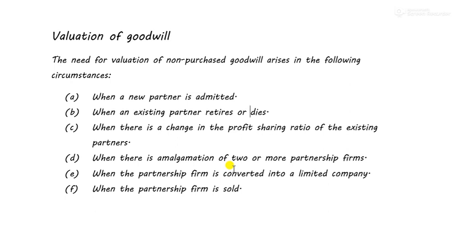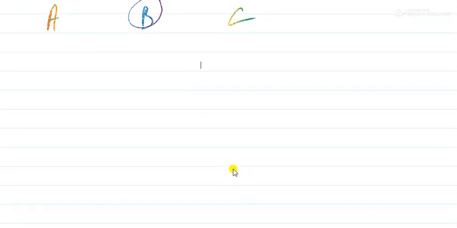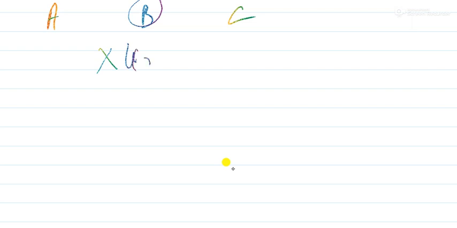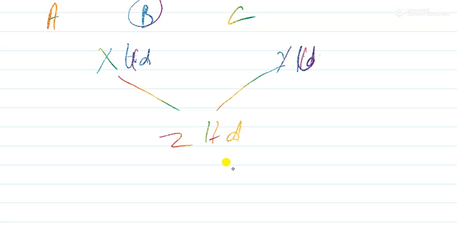For example, there are two firms, X Limited and Y Limited, both of them are amalgamating to form Z Limited. Now X Limited is a very branded company. However, Y Limited is a new company.